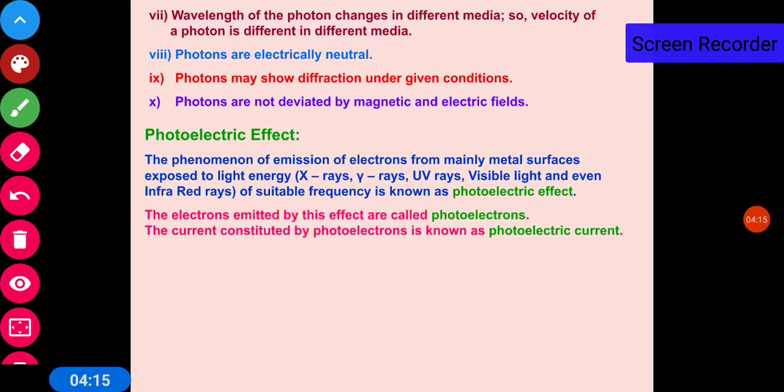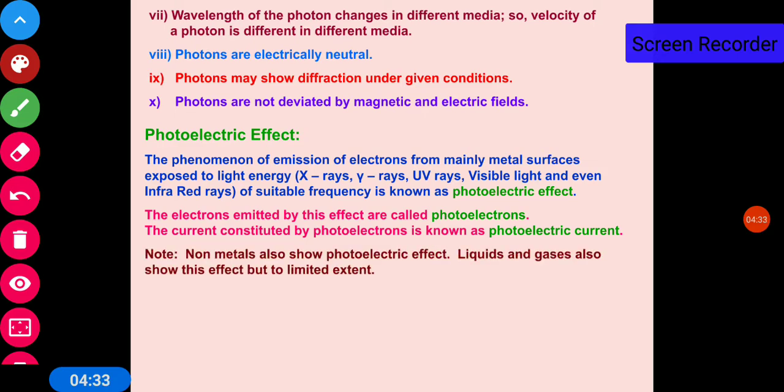The electrons emitted by this effect are called photoelectrons. Photo means light, so since these electrons are ejected because of light, they are known as photoelectrons. The current constituted by the photoelectrons is known as the photoelectric current, and the effect is known as the photoelectric effect.